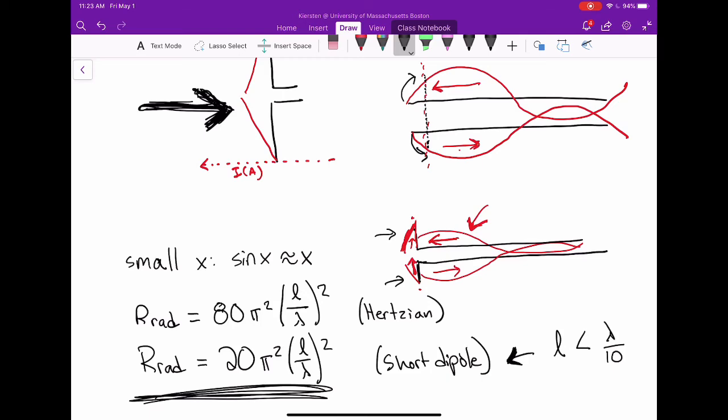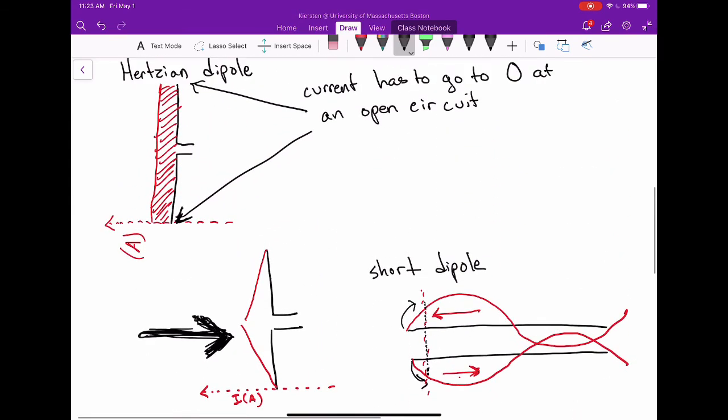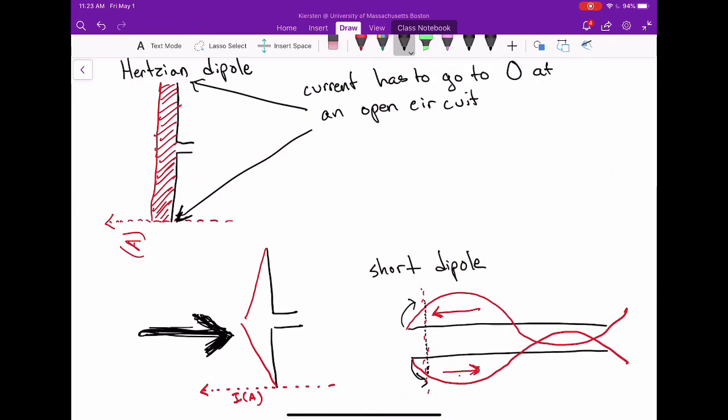So how could we get some of that radiation resistance back? The clue is actually in the current distributions. There is less area under this current distribution than there is under the Hertzian dipole one.